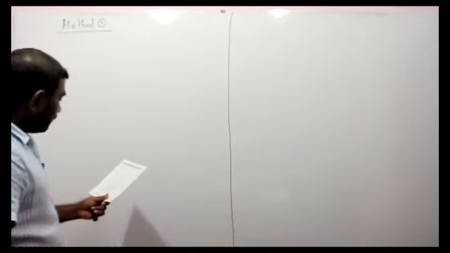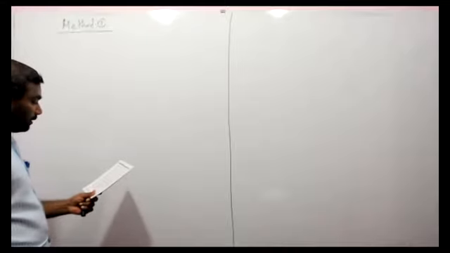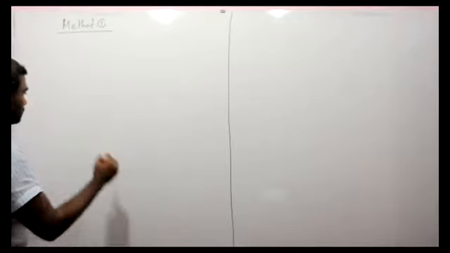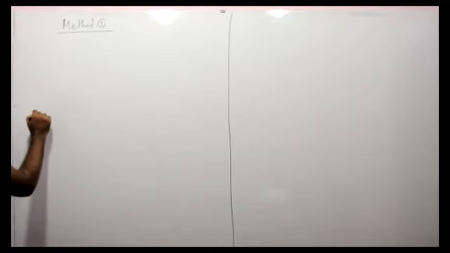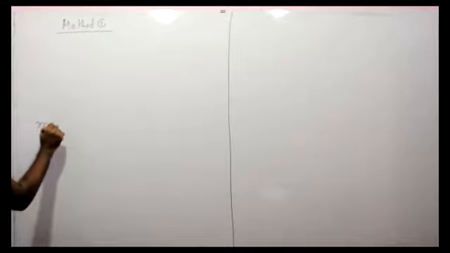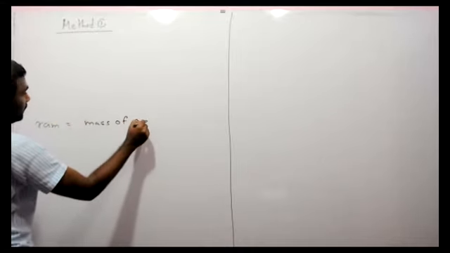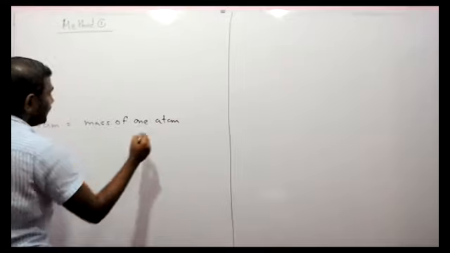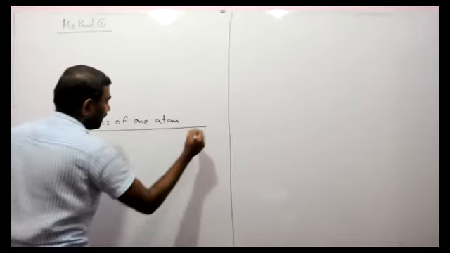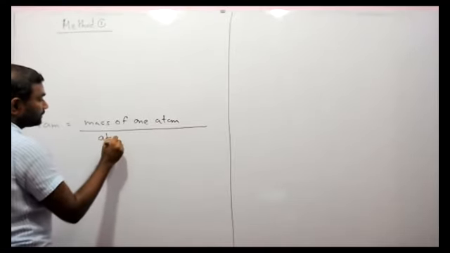So you want to calculate what, children? The relative atomic mass. So what is the equation? We know that the relative atomic mass will equal the mass of one atom of an element divided by the atomic mass unit.